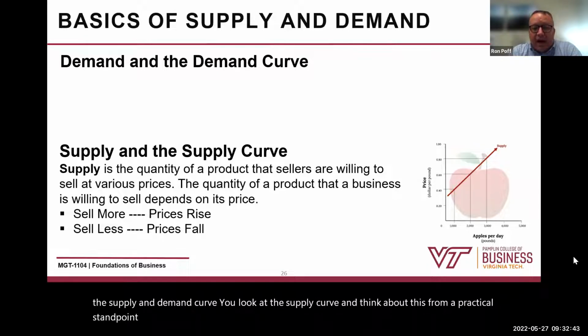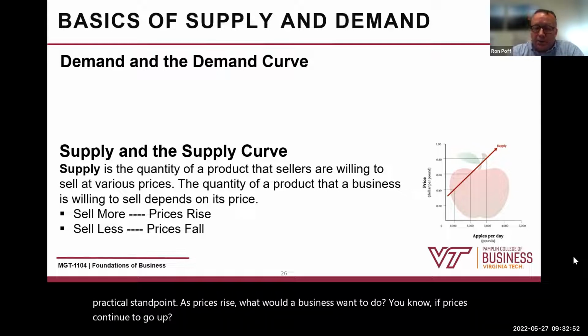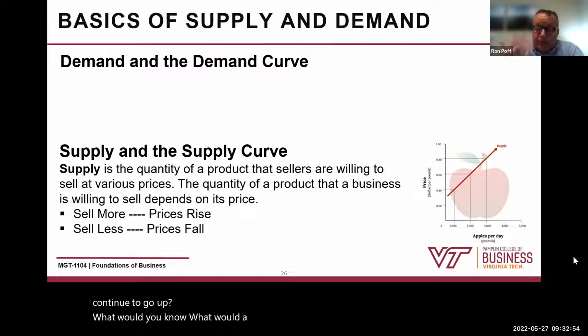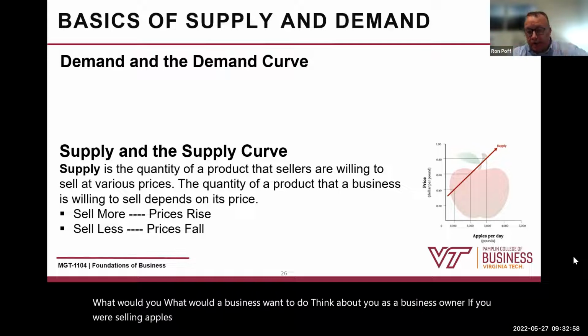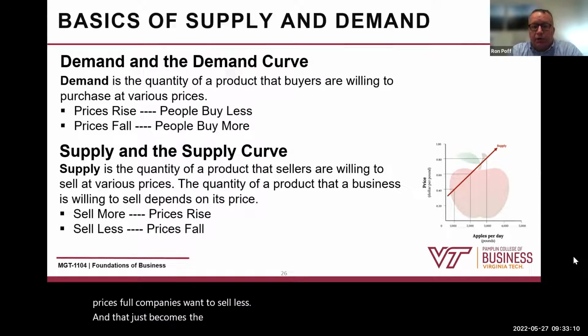As prices rise, what would a business want to do? Think about you as a business owner. If you were selling apples and prices went up, you'd want to sell more apples. If prices fall, companies want to sell less. And that just becomes the supply curve.